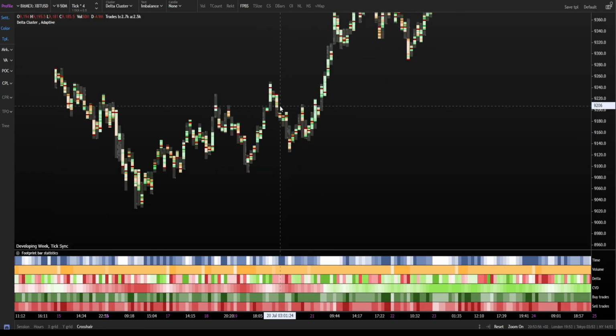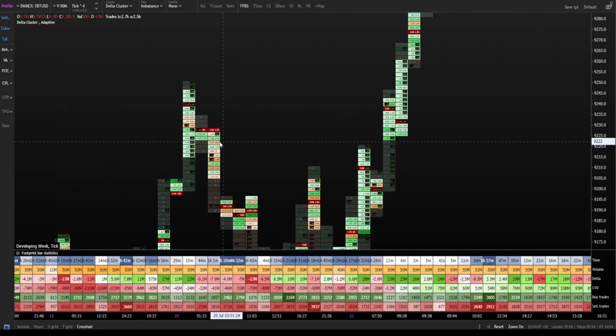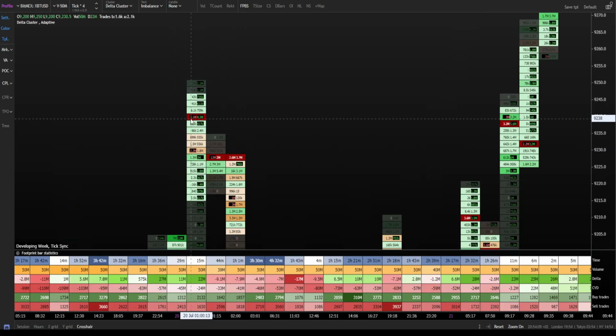And the reason why volume candles can really help with that is that there are many things you have to look at. For example, you have to be aware of how much volume took place in the previous top, how much delta was there, and how much positive or negative delta was at the previous high.